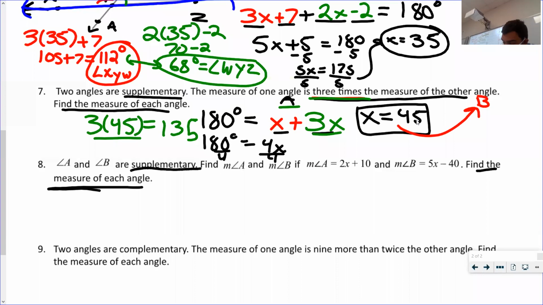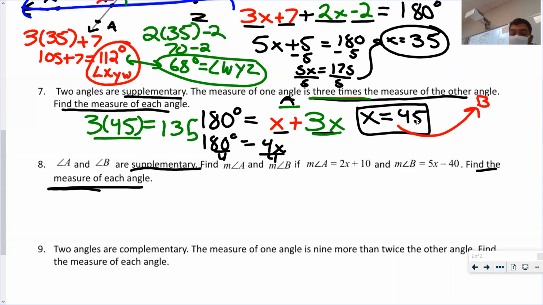Make sure you're combining like terms correctly, like 10 and negative 40. Good, Jordan. So you found what X is. You have to do the extra step of plugging it back in.